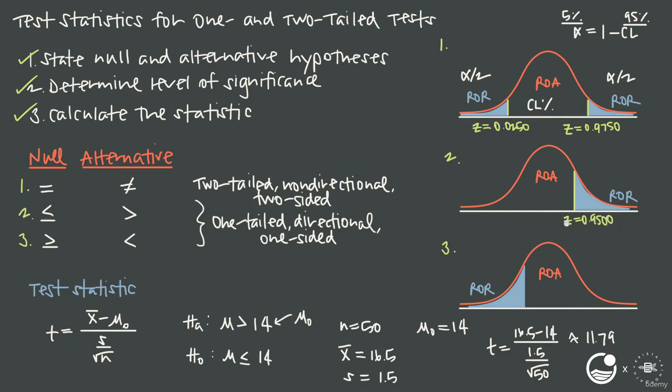It is the z-score that gives 0.9500 in the body of the z-table. So these are the z-scores that give 0.0250 and 0.9750 in the body of the z-table. So that is the boundary value we'd be looking for.